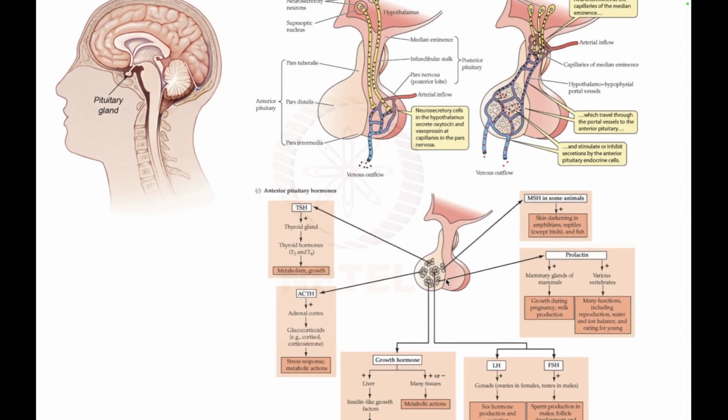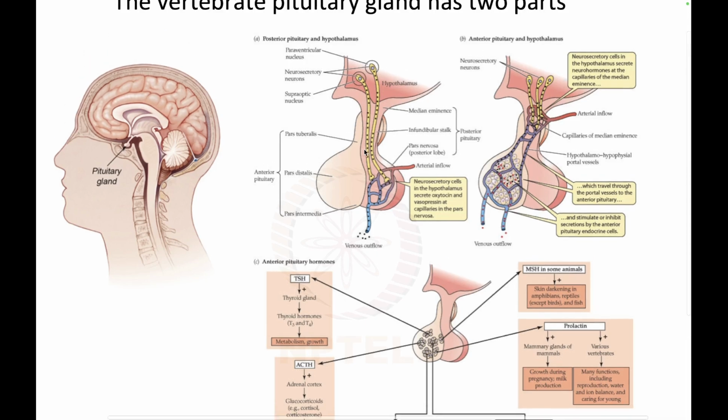Okay, and here you can see this is the posterior. So these are the anterior pituitary hormones. For the anterior pituitary, neurosecretory cells in the hypothalamus secrete the neurohormones at the capillaries of the median eminence. And then here you can see, it travels through the portal vessel to the anterior pituitary and stimulates or inhibits secretion by the anterior pituitary endocrine cells.